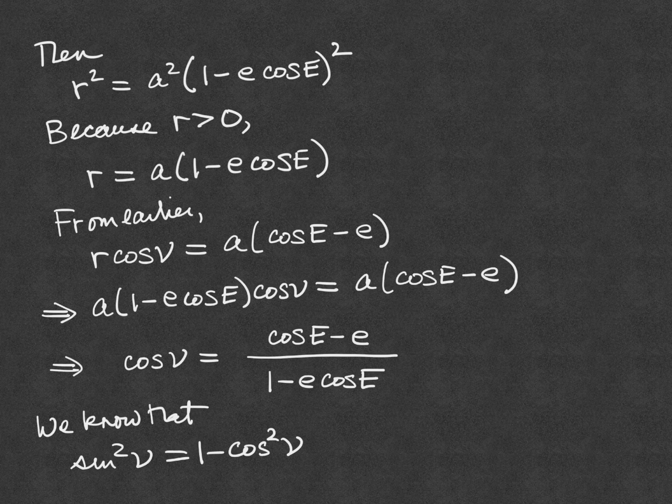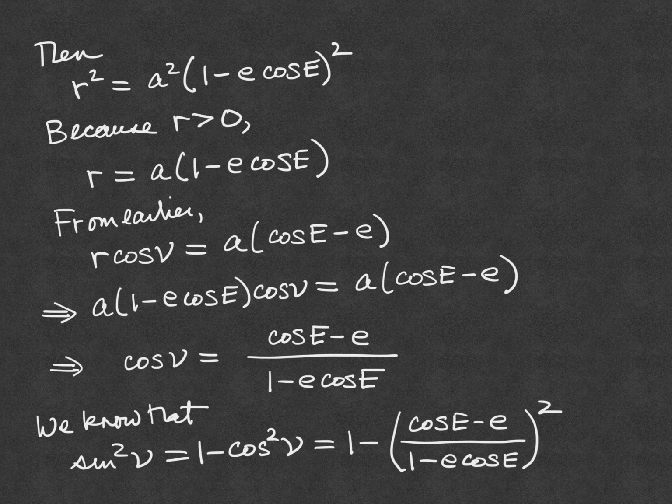So that means that this has to equal 1 minus this whole thing that I've just derived, (cosine E minus little e) all divided by (1 minus e cosine E), this whole thing squared. So now let's take that to the next page and let's manipulate it.